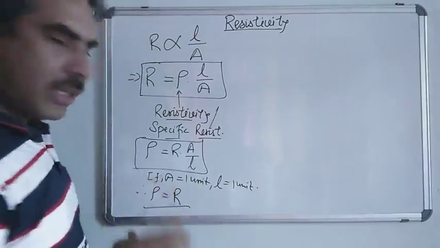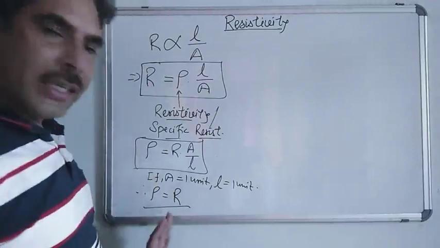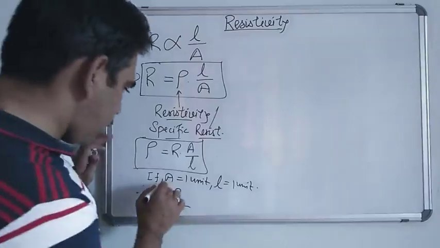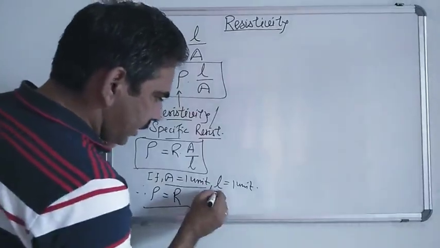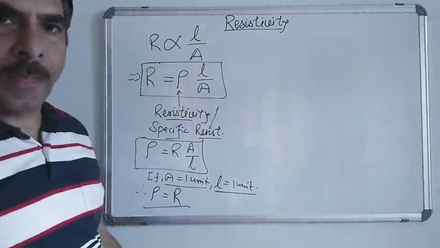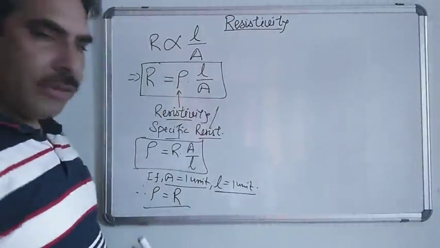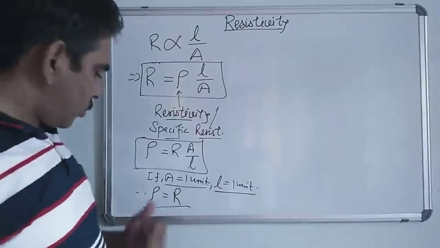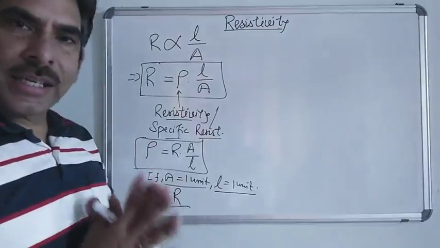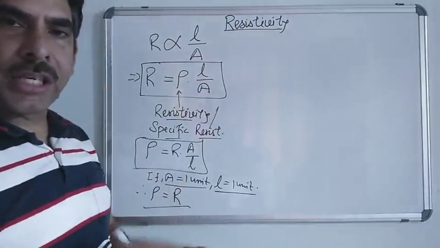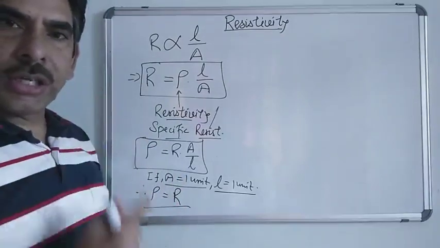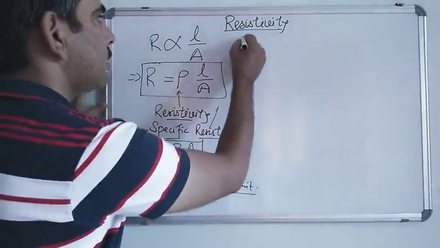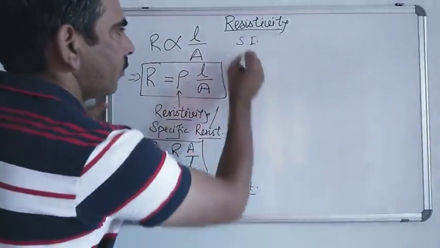So resistivity is nothing but the resistance of any conductor whose area of cross section is 1 unit and whose length is also 1 unit. If we take a more precise statement, then we define the resistivity in the SI system, right?